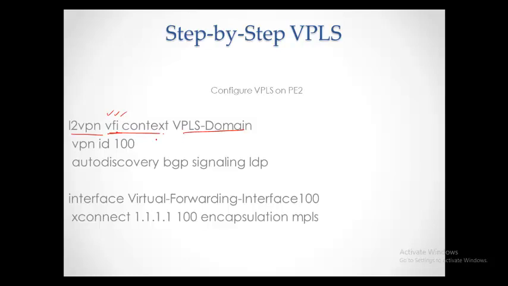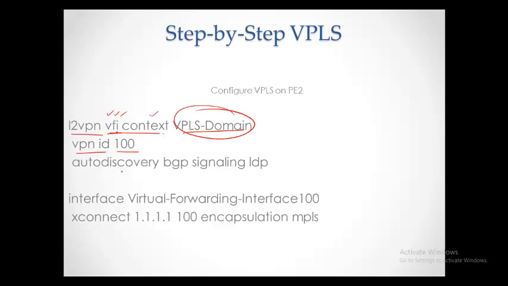Even if you have 50 sites, for all the 50 sites on the PE routers, we should use the same number so that they will all form one 50 port Ethernet switch across the globe. And as I said, this is only if you want to have BGP. Here we don't need BGP because we are going to say who our remote site is.